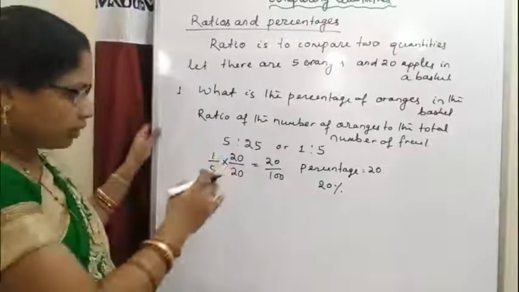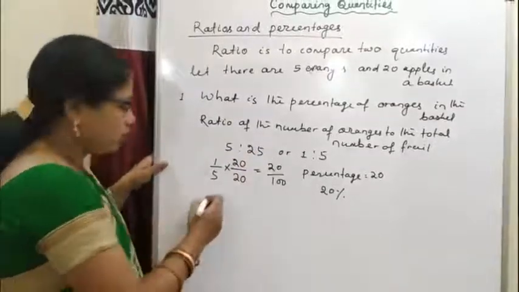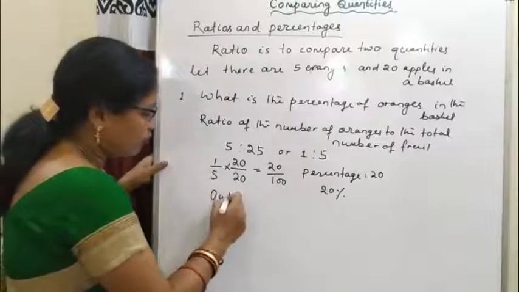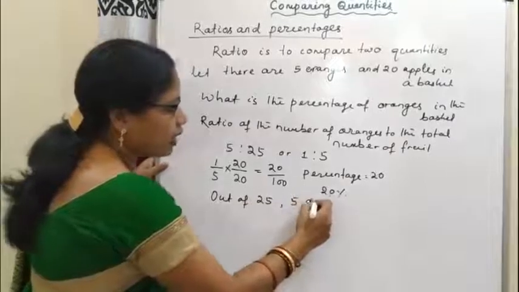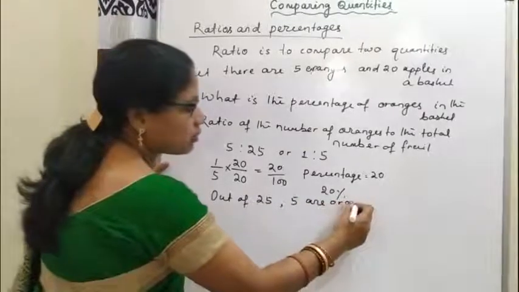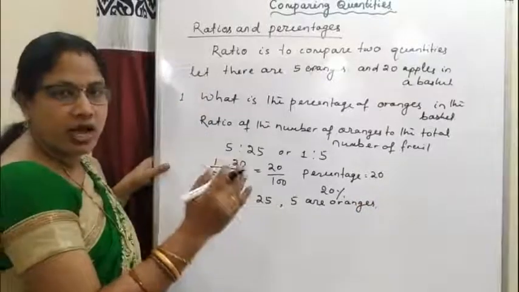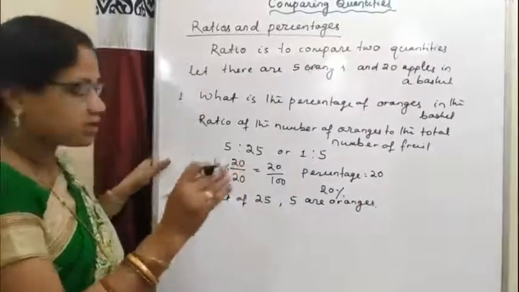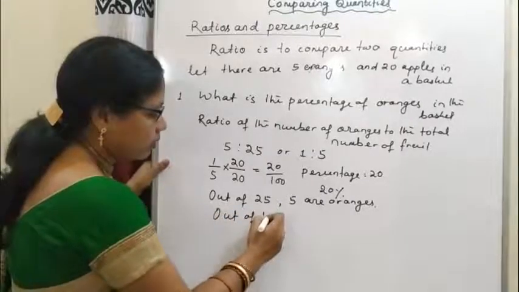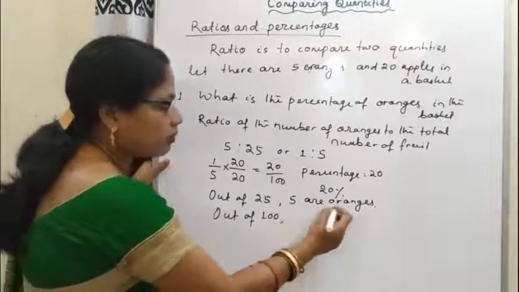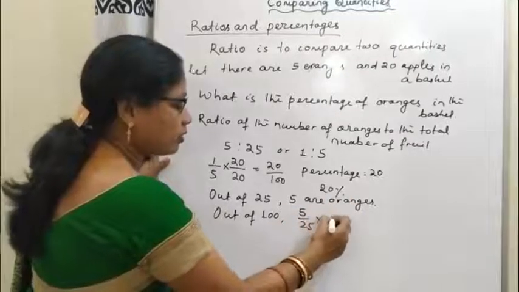Then in alternative way, we can find it by unitary method. So out of 25, 5 are oranges. Then percentage means per cent. Out of 100, how many oranges are there? So out of 100, the percentage is 5 by 25 multiplied with 100.